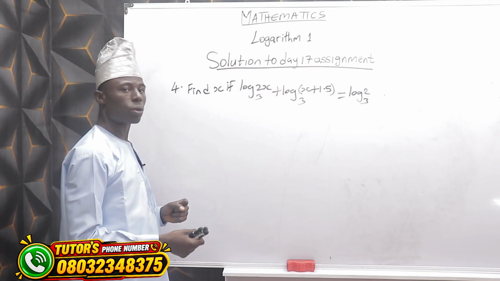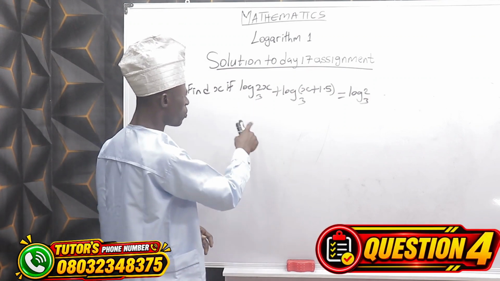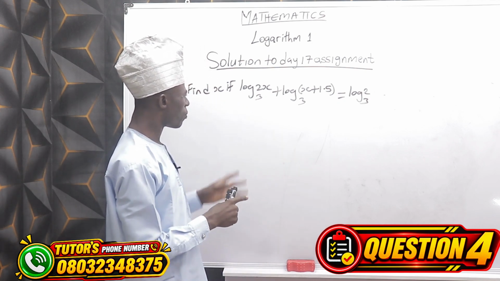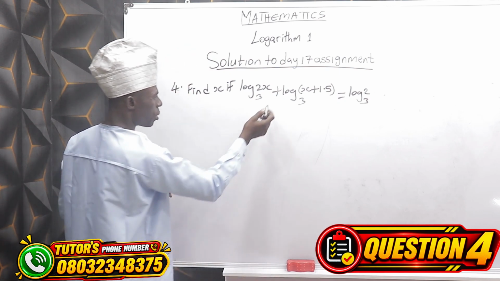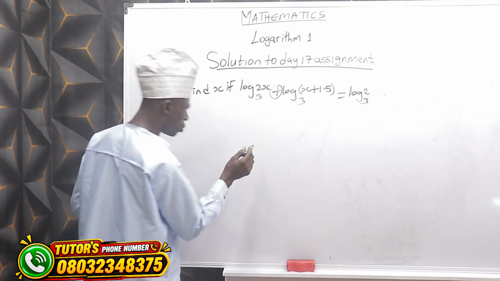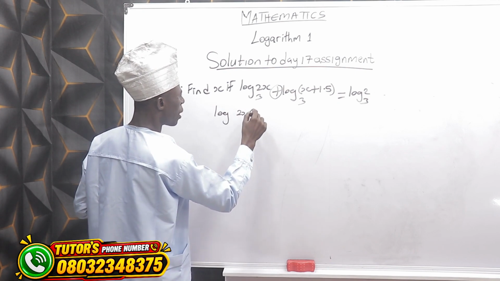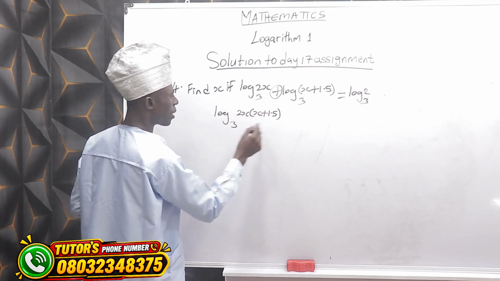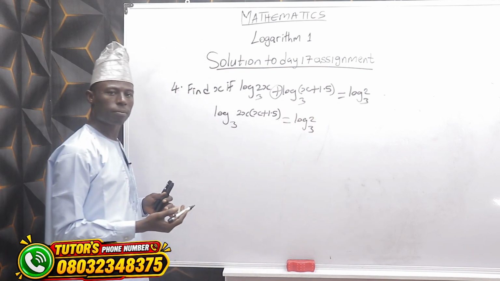Let's have solution to question 4. Find x if log 2x base 3 plus log x plus 1.5 base 3 equals log 2 base 3. What do we do? This addition must change to multiplication. Don't forget. So we have log 2x into x plus 1.5 base 3 equals log 2 base 3.